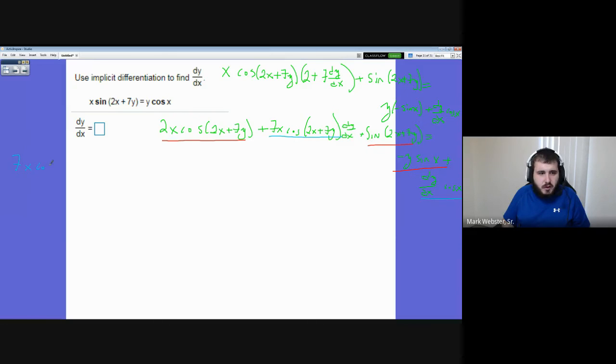Okay, so we got 7x cosine of 2x plus 7y dy over dx minus, I'm going to subtract this over to the other side, cosine x times dy dx equals, we're going to subtract these two over, and this one's already negative, so they're all going to be negative.